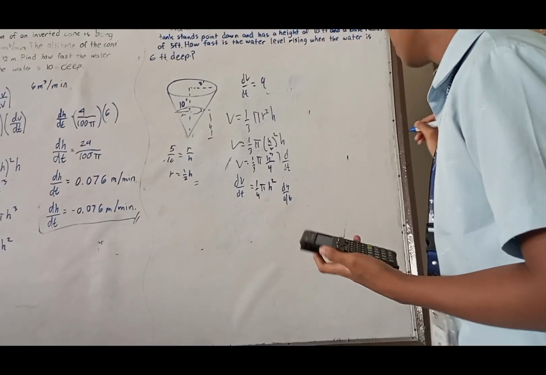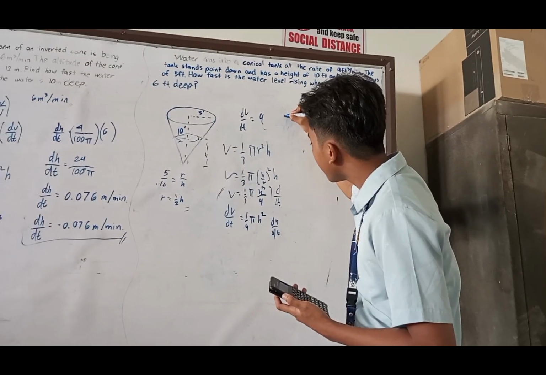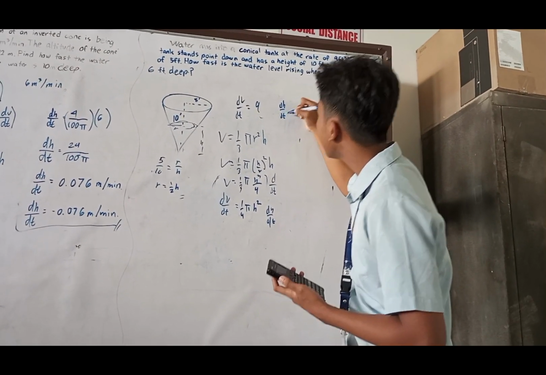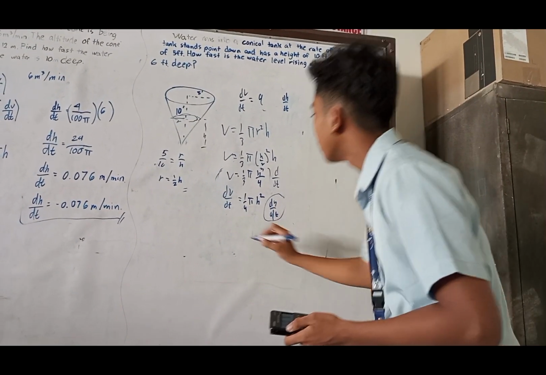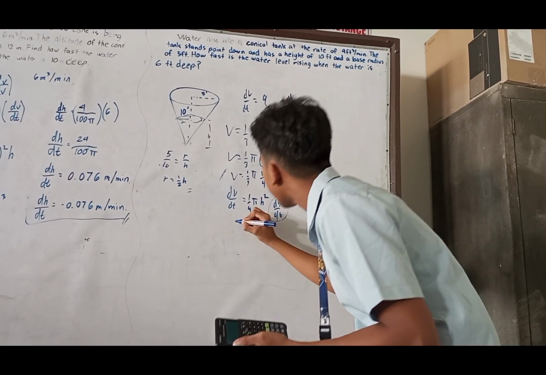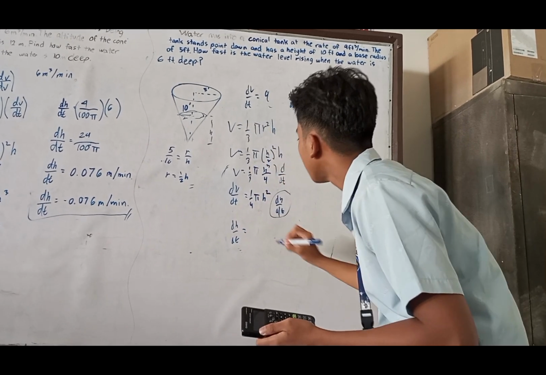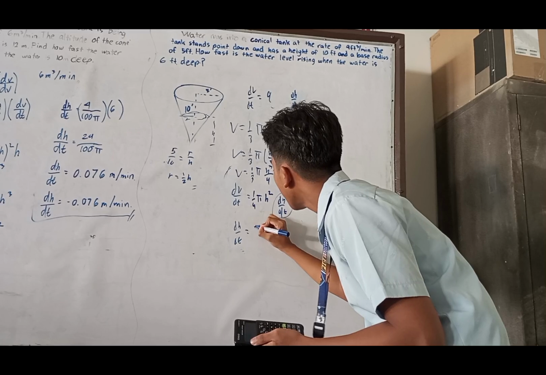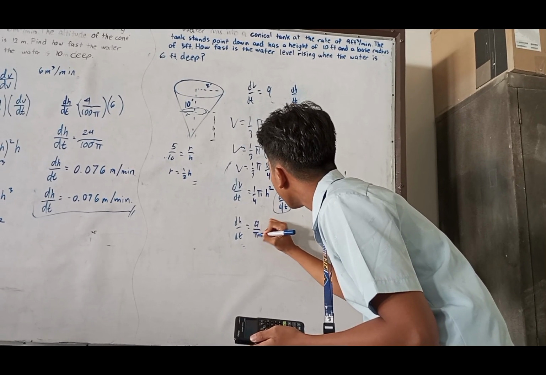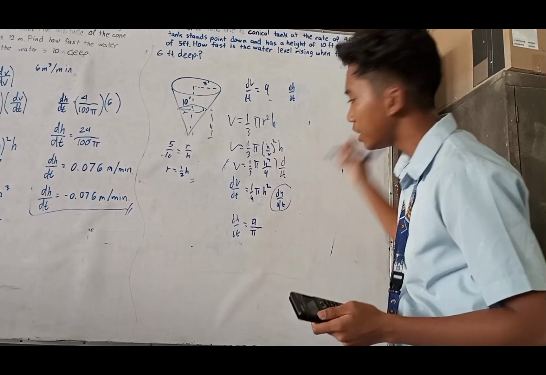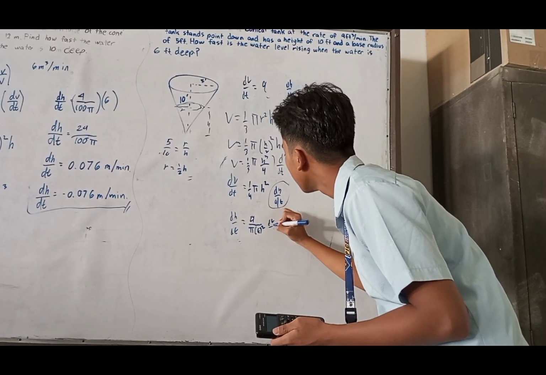Then let's simplify again, because what we're trying to find is dh over dt, the water level. So let's make this on one side, dh over dt is equal to 4 over pi times 6 squared times dV over dt.